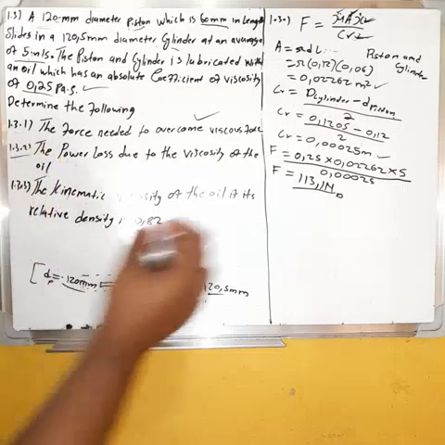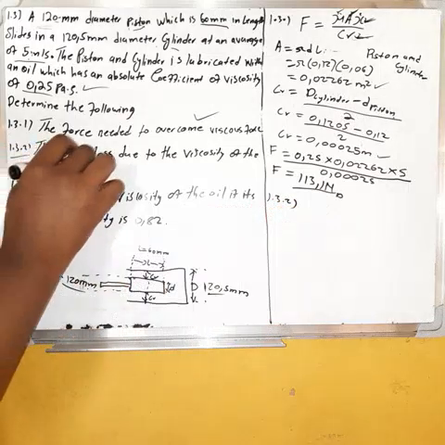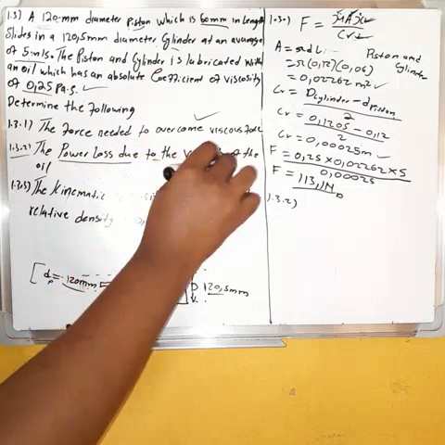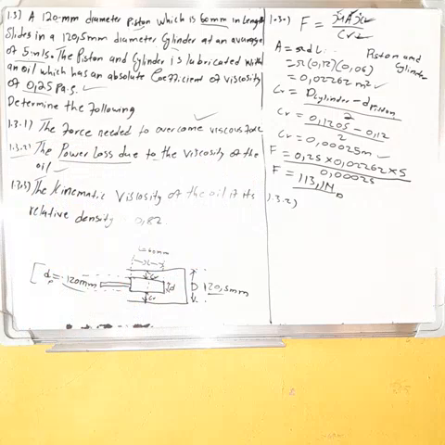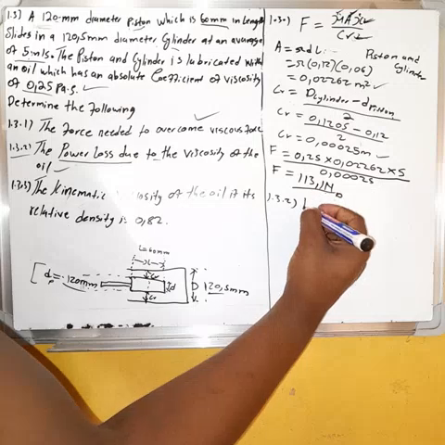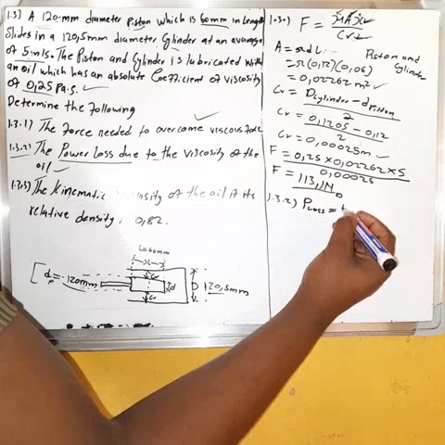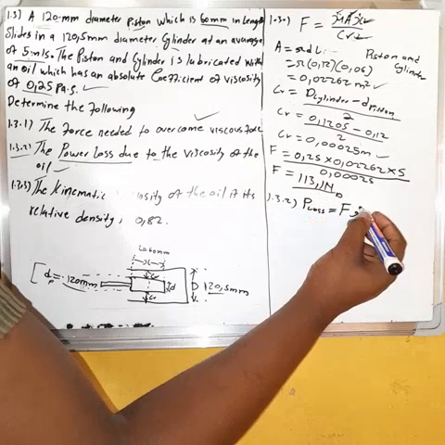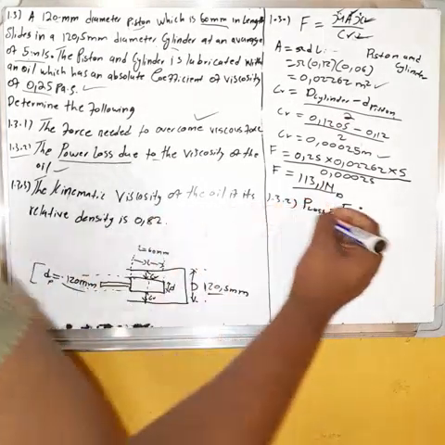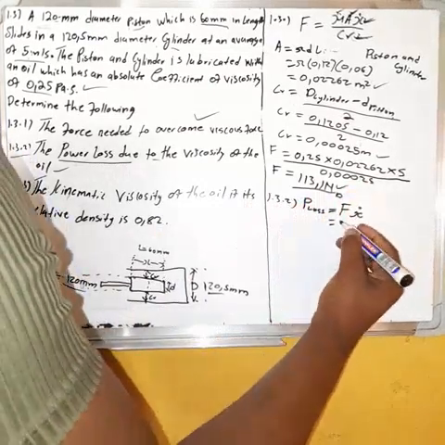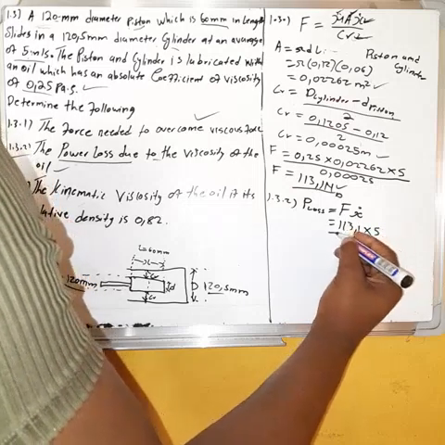Now we're left with 1.3.2. Let us attempt this, the one with the power loss due to the viscosity of the oil. Power we know the formula to calculate power is force multiplied by the velocity. We have the force, we've calculated it there, 113.1 multiplied by 5, which is our velocity.